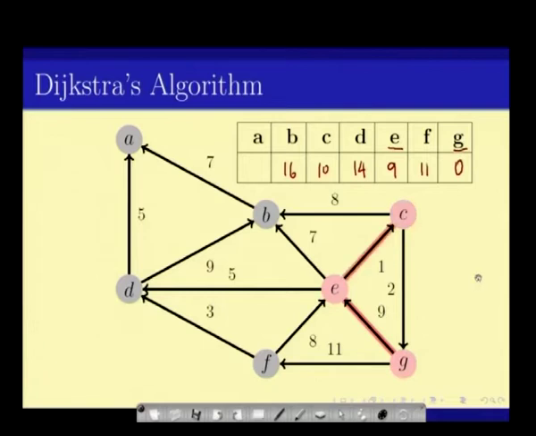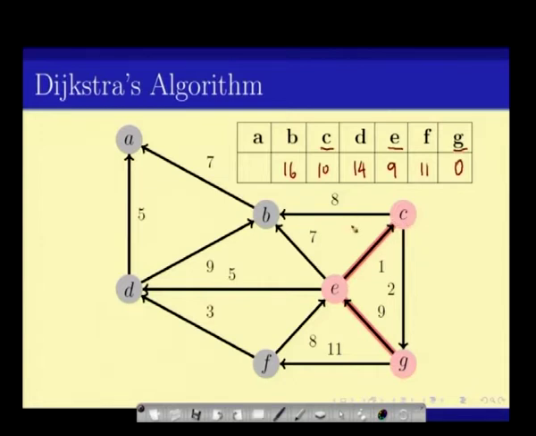So, we choose C and fix C, meaning from now on the shortest distance from G to C is 10 and it cannot improve any further. Again, when we update, we can now go through C to B. The shortest distance from G to C is 10, and from C to B is 8.